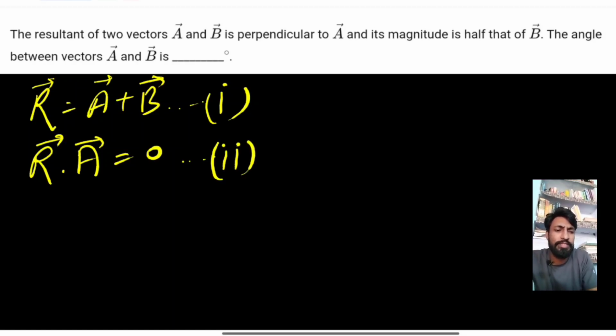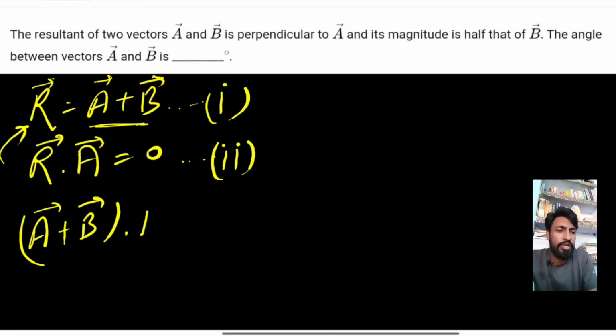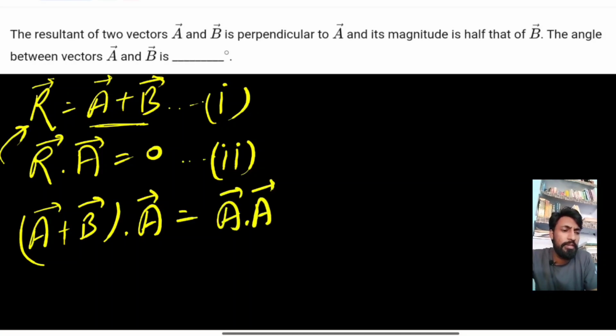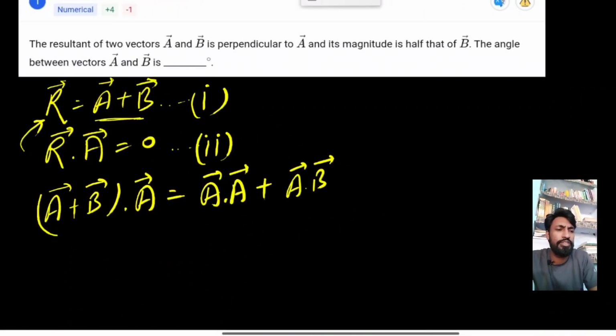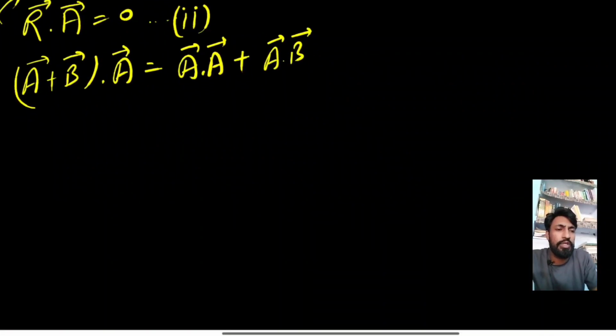Very simple. So here, replacing this R with A plus B, we get (A plus B) dot A, and it'll be A dot A plus A dot B, or B dot A will be the same because dot product is scalar.